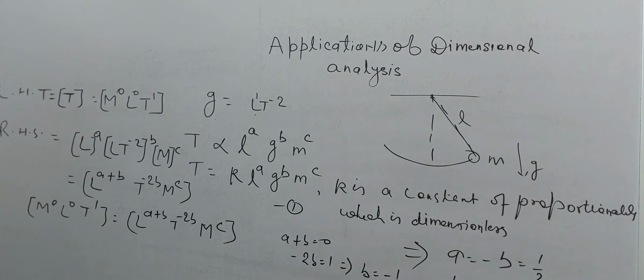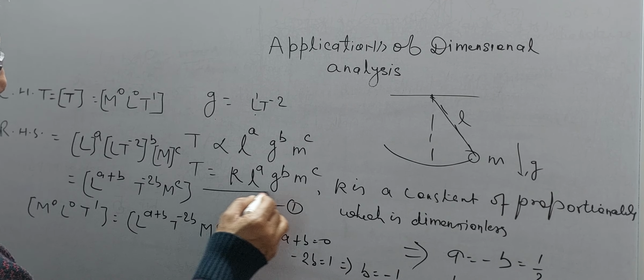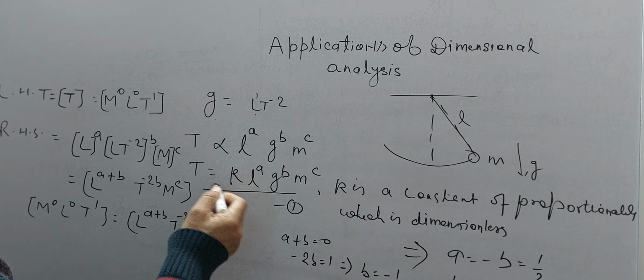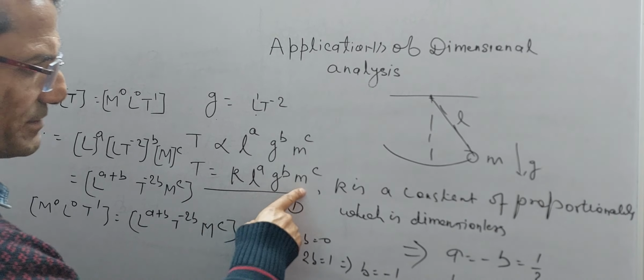If I place all these values in relation number 1, I will be able to find out the relations between length, gravity and mass.